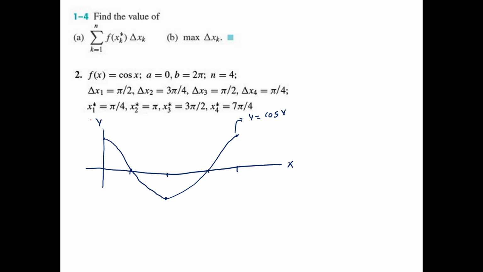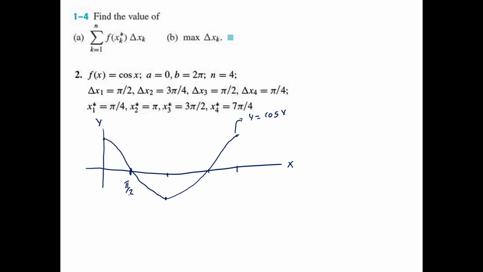And again, we're doing the same kind of thing we were doing last time, except that you're starting at 0. Your delta x sub 1, the width of your first interval, is pi over 2. So you are taking your first interval from 0 to pi over 2. Delta x sub 2 is 3 pi over 4.